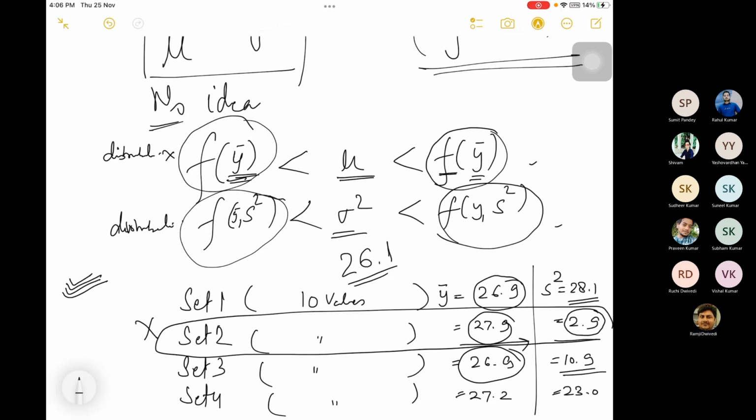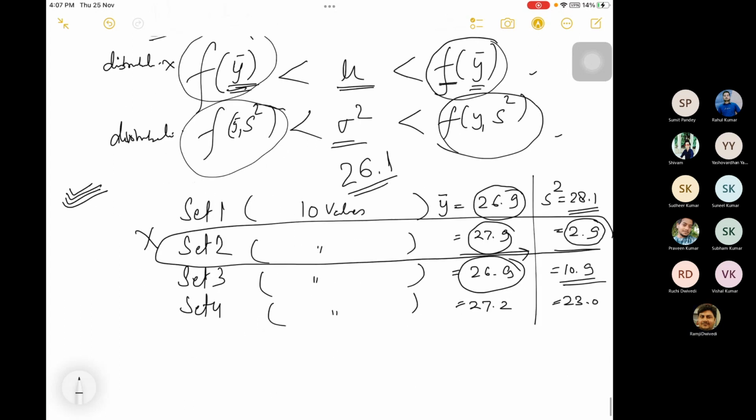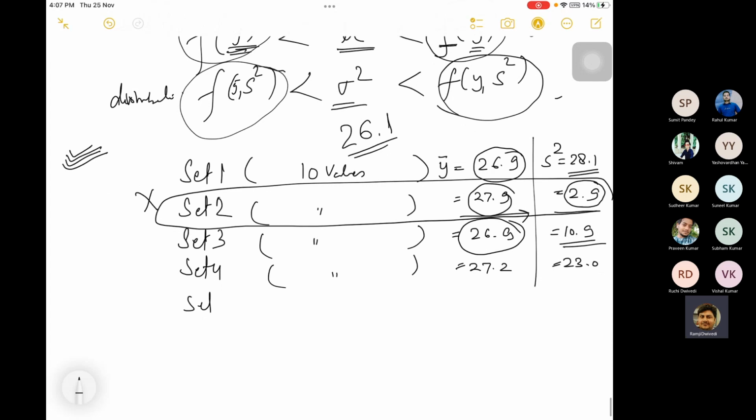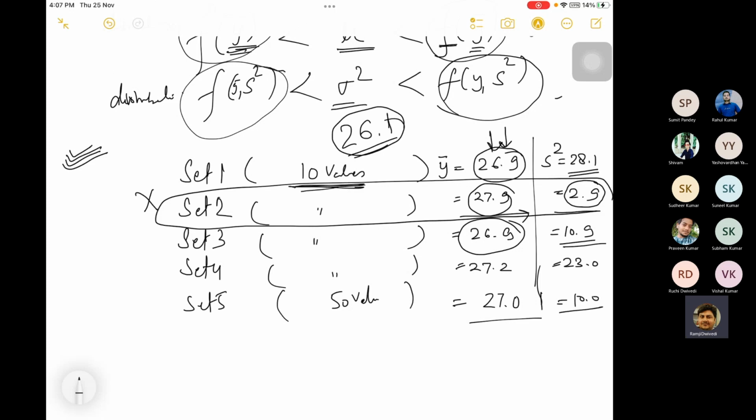Okay. So if a fifth sample comes into the picture and it consists of 50 values, let's say, and again it has a mean of 27.0 and variance of 10. Still, although we know that the population mean is 26.1, we should not give more weightage to the sample having a nearer mean value or variance.